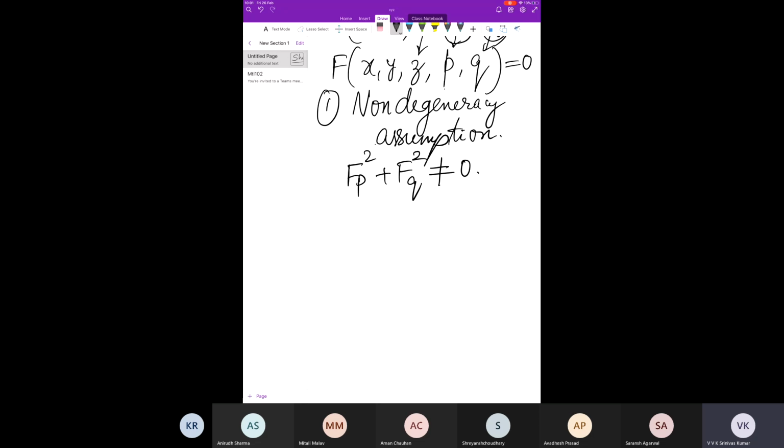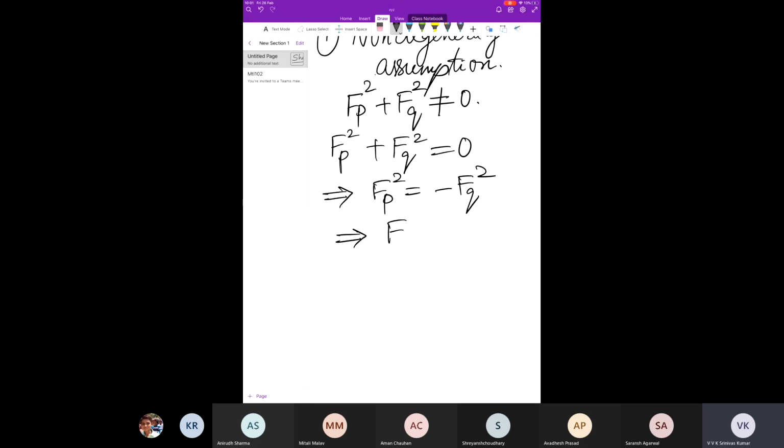What happens when fp squared plus fq squared is equal to 0? This implies fp and fq are both equal to 0.